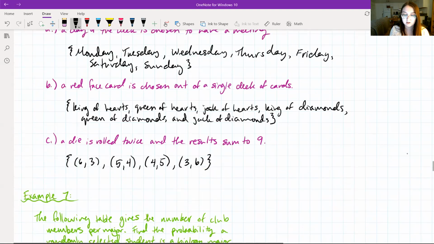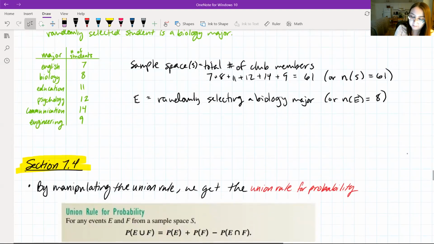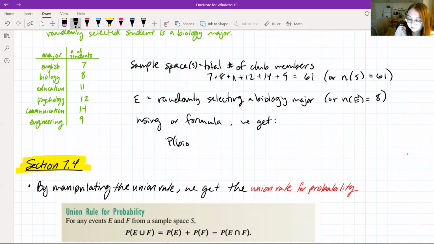So using our formula for basic probability principle, we get the probability of selecting a biology major is equal to n of E divided by n of S. And this is going to be equal to 8 divided by 61.